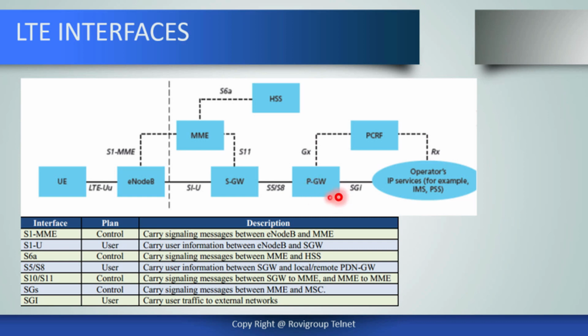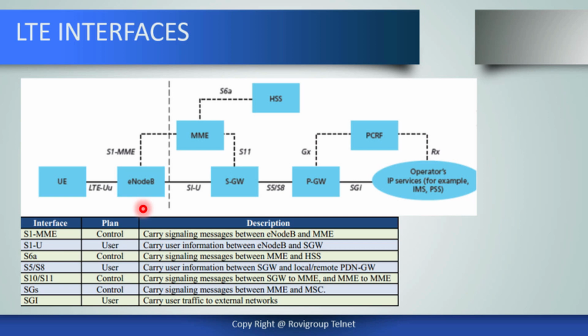Then from the packet gateway, this information is transferred to the serving gateway. This is also a user plane interface that carries the information between the PGW and the serving gateway. Then this information is provided to the eNode B so that the eNode B can send it to the UE over the radio interface through the S1-U interface, and the eNode B will be using the Uu interface.